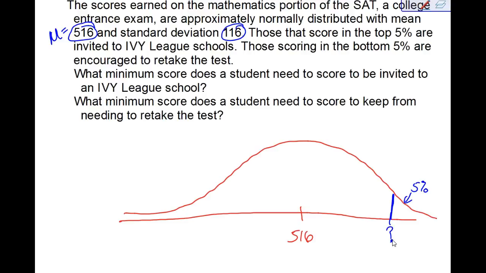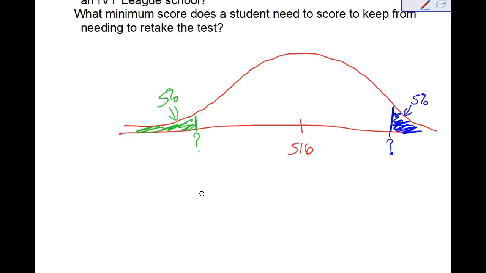What score do you need to make to get into the Ivy League school? Okay, so these top 5%. The bottom 5% over here need to retake this test. What score do you need to make to keep out of that? So we want to look at these.